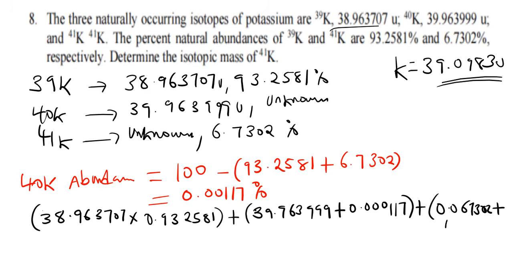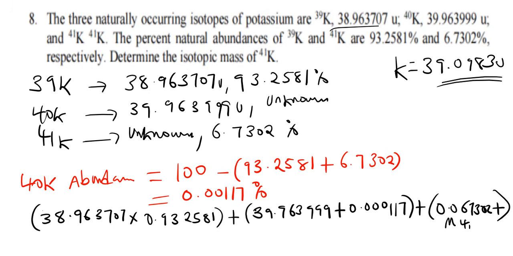I'm just going to write it as maybe M2. Any letter I can choose is still fine. Or maybe for us not to be confused, let me just say M41, because it's potassium 41, the atomic mass of potassium 41.